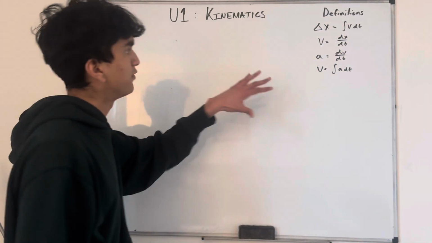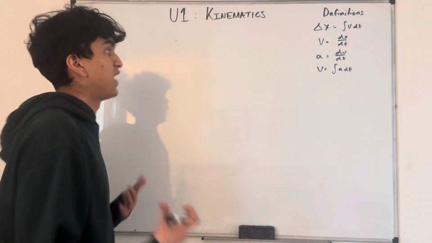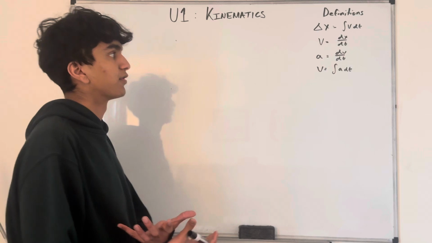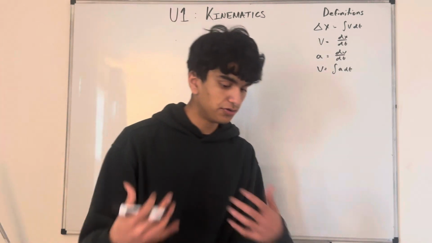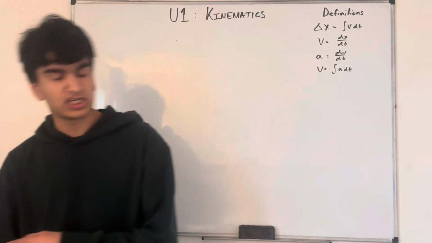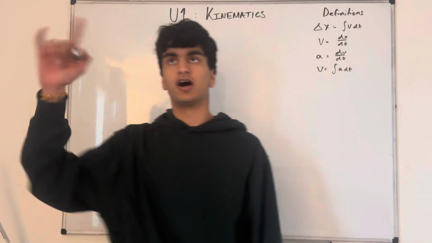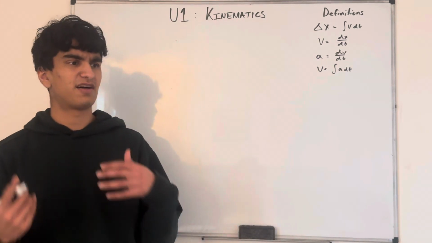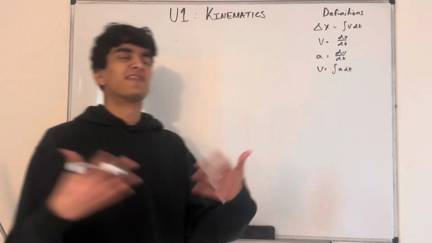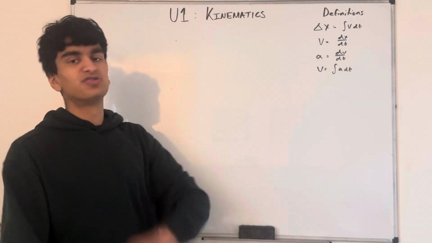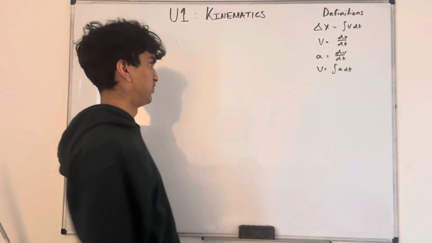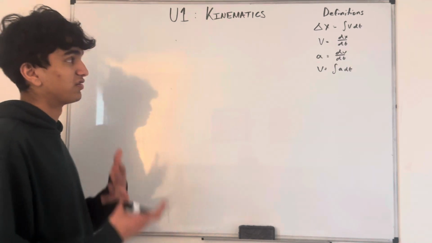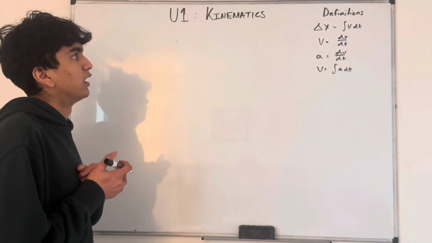So these are the very basic general definitions that can apply for any kind of motion, whether you have constant acceleration, constant jerk, which is the rate the acceleration changes, or constant snap. You can use any kind of motion with these equations. It all works just by definition of how these are defined.